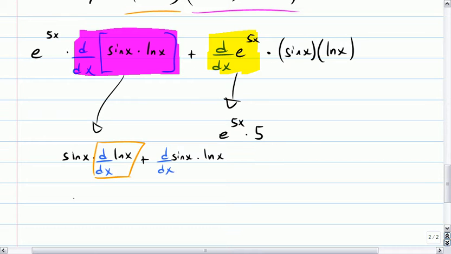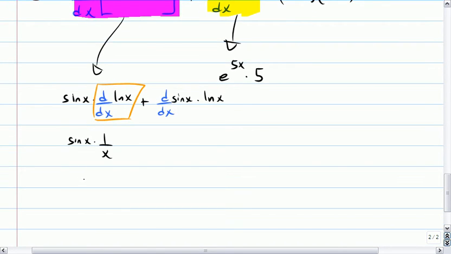So you got sine x times 1 over x, which should be sine x over x. And then this one here, how much is that? Cosine x, so you got cosine x times the natural log of x.